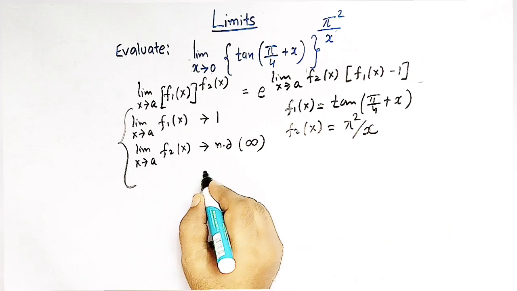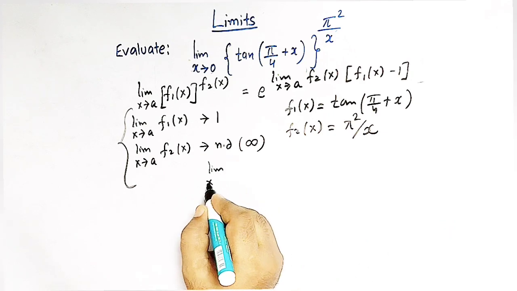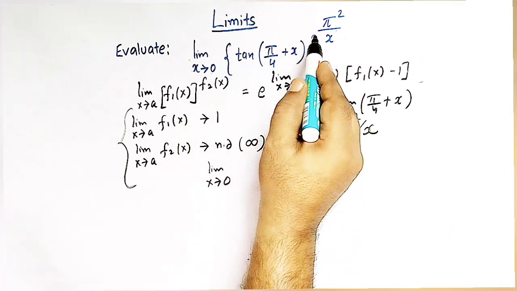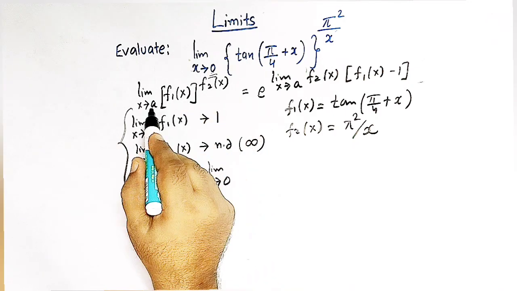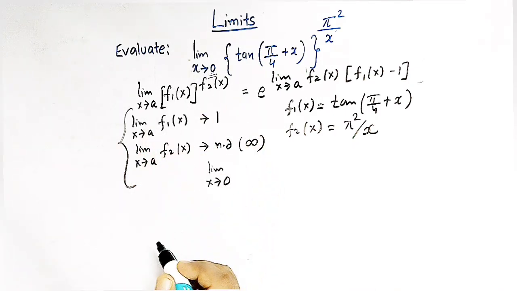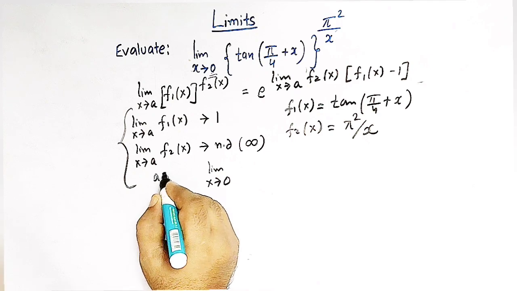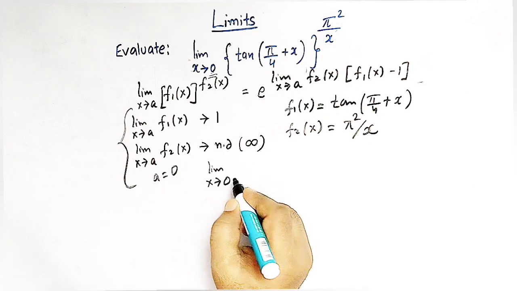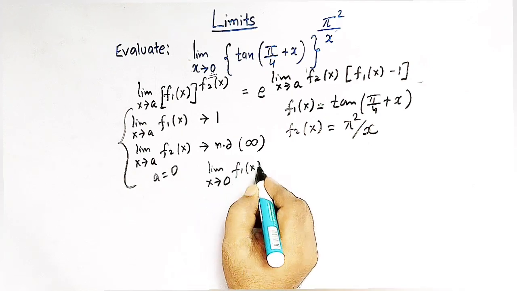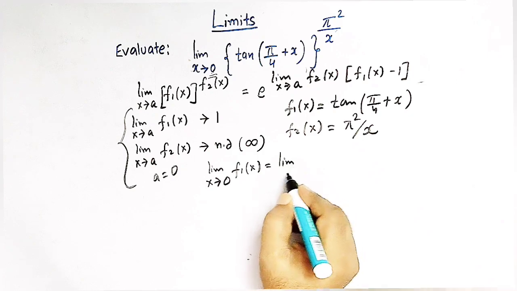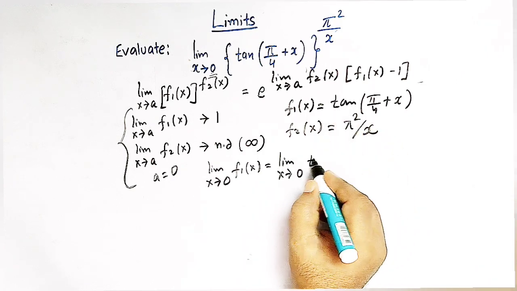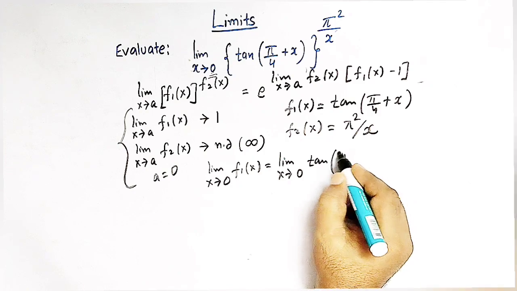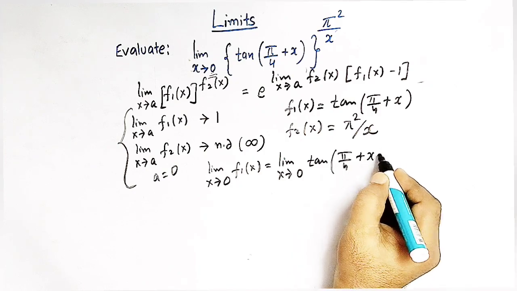So limit x tends to 0. Now if we compare this limit with this one, then the value of a is given by 0, right? So a is 0, so limit x tends to 0, f1x is given by limit x tends to 0, and we have f1x as the tangent of pi by 4 plus x.